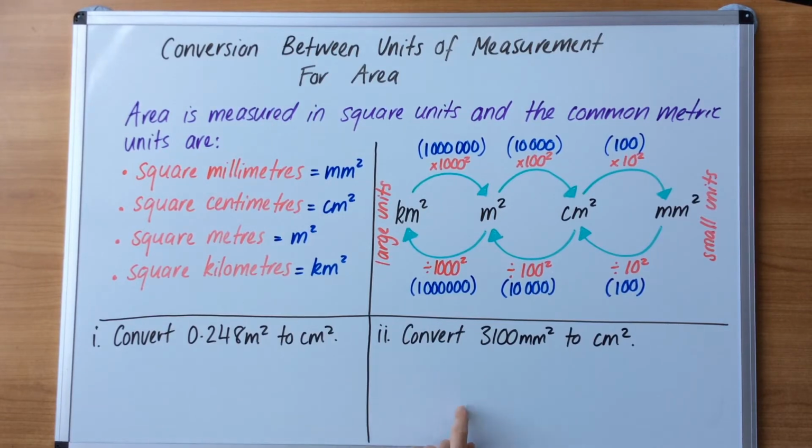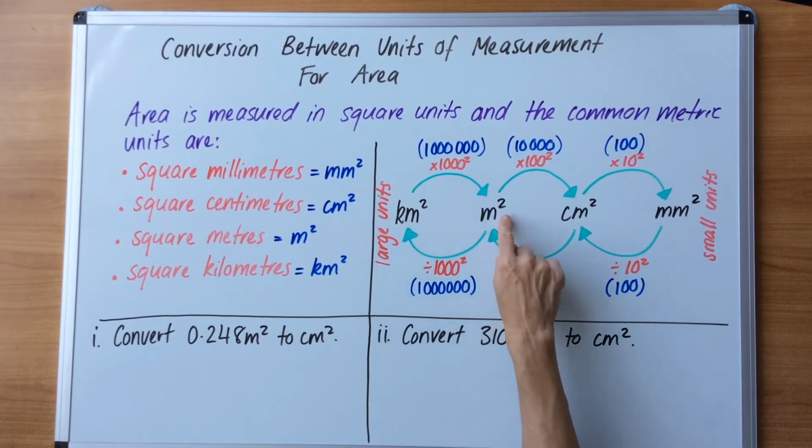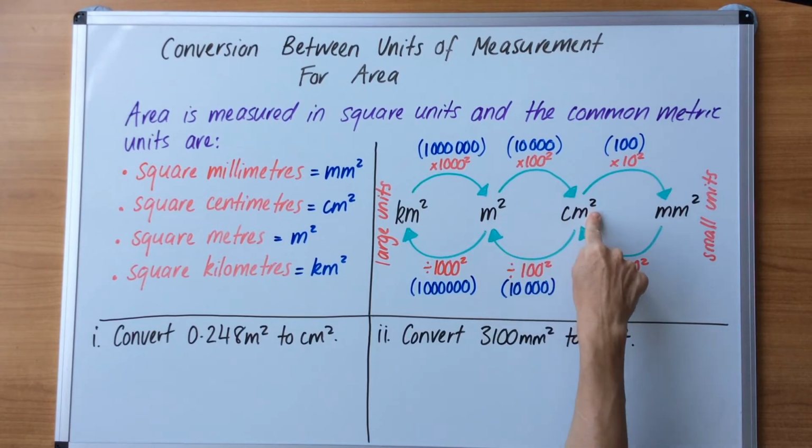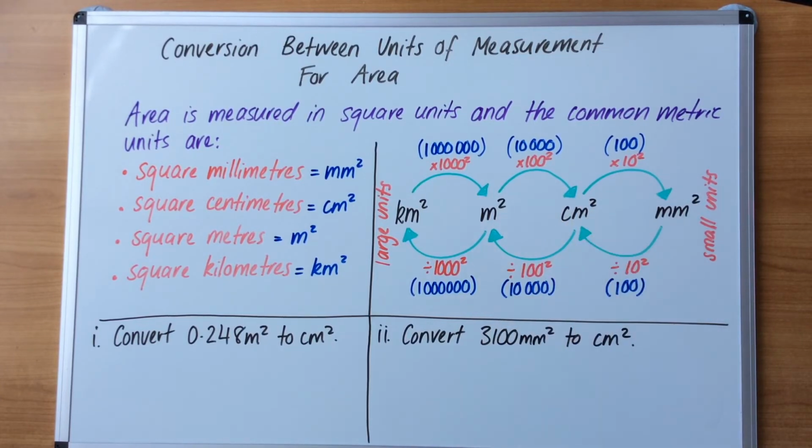Let's take a look at some examples down here. We've been asked in question 1 to convert 0.248 metres squared to centimetres squared. So we are going from metres squared to centimetres squared. So I start with writing 0.248.